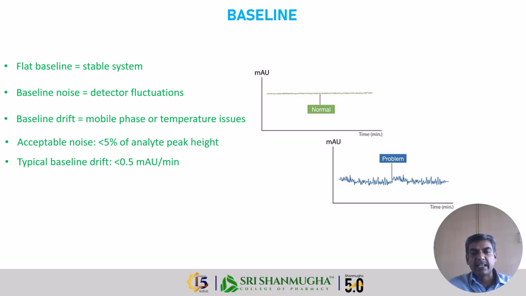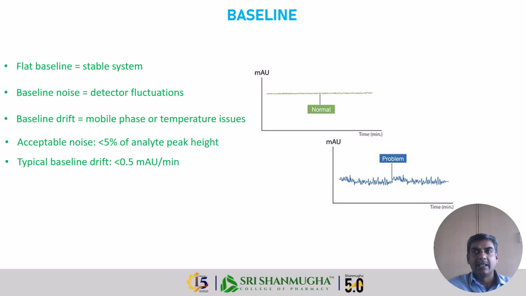Why is the baseline getting noisier? Because of the detector's fluctuation. Why is the baseline getting drifted? It is due to a change in or incompatibility of the mobile phase or any temperature issues. What is baseline drift? Drift means the baseline will move from the lower part of the chromatogram to the top part.